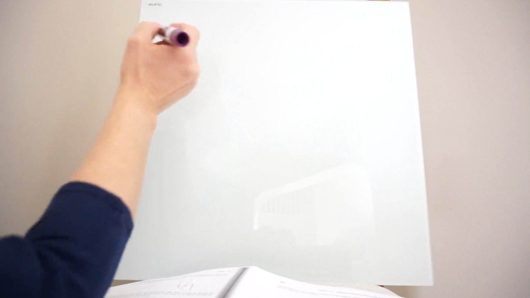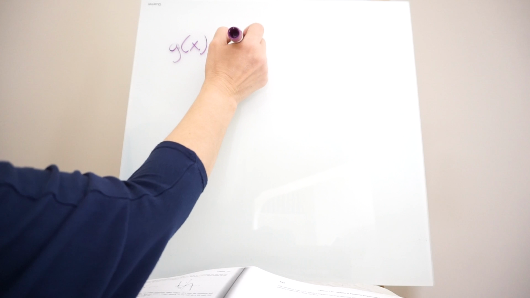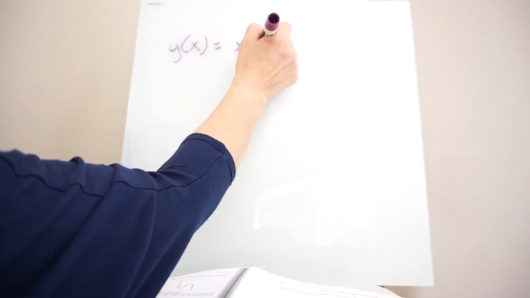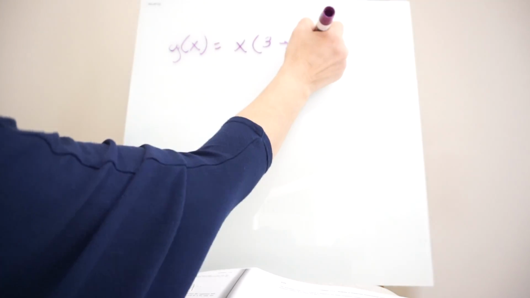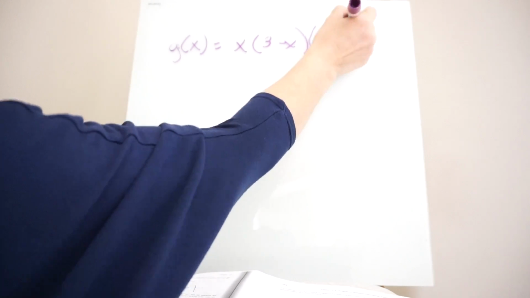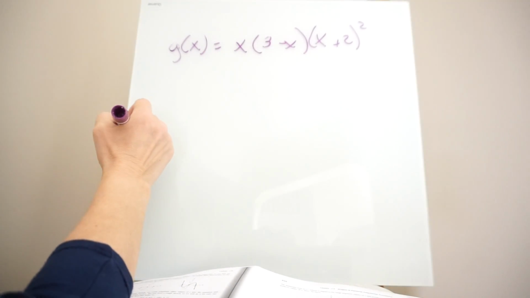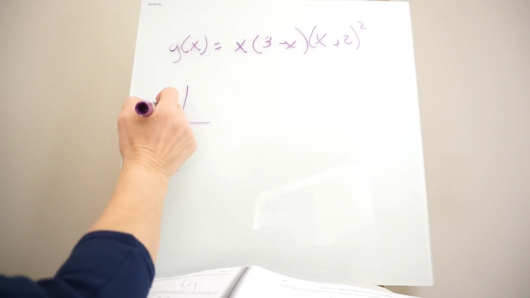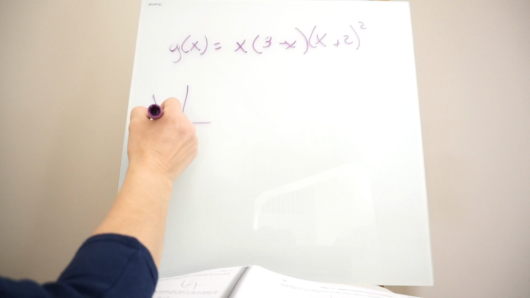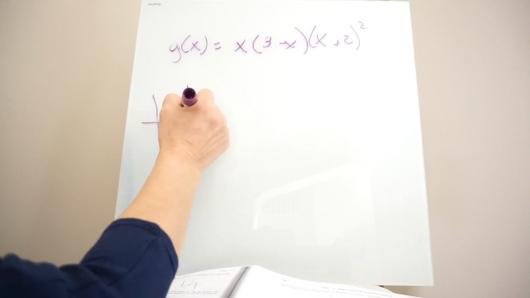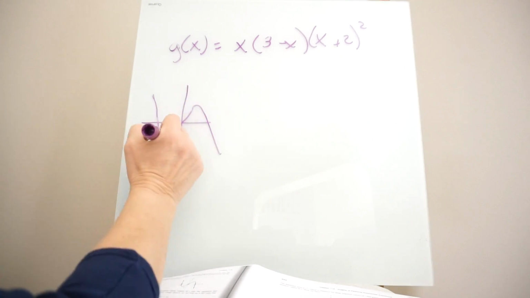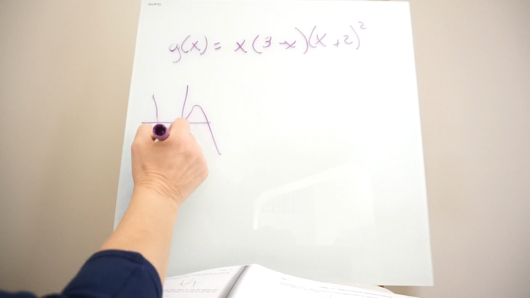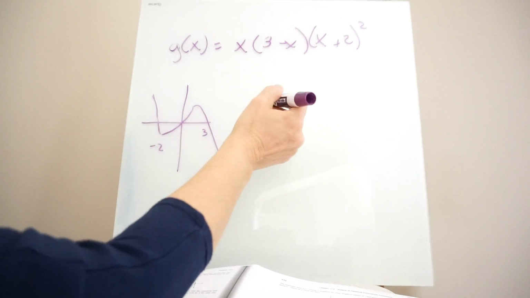Example 114.4. It says, which of the following graphs most resembles g of x is equal to x, 3 minus x, x plus 2 squared. Okay, and I guess I'll draw all of these. The first one goes through 0, and then through 3, and this is -2, this is 3.